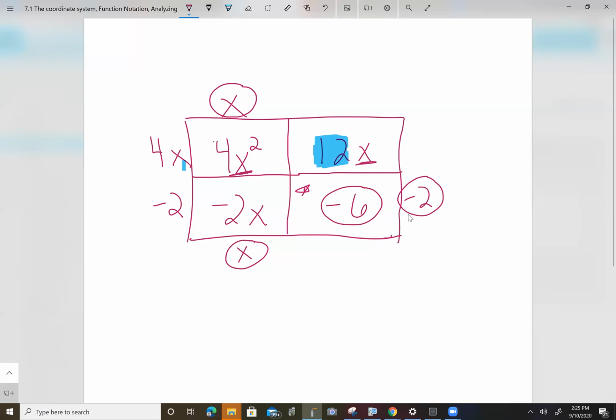So the negative's already there. I don't need another negative. I just need a positive 3. You can check yourself. Negative 2 times positive 3 is negative 6. Okay? And I have everything I need.